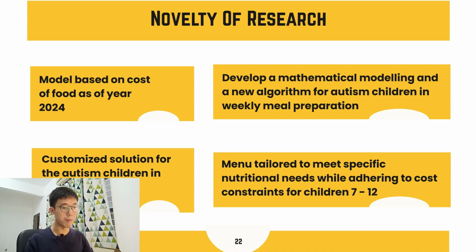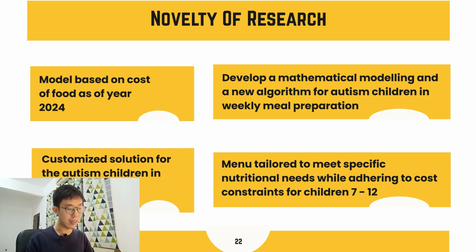So the novelty of my research here is that previous studies have just focused on a targeted age group in menu planning optimization. Well, this study considers the emerging problem of Malaysia having higher numbers of ASD children. So the model will be based on the cost of food as of year 2024.